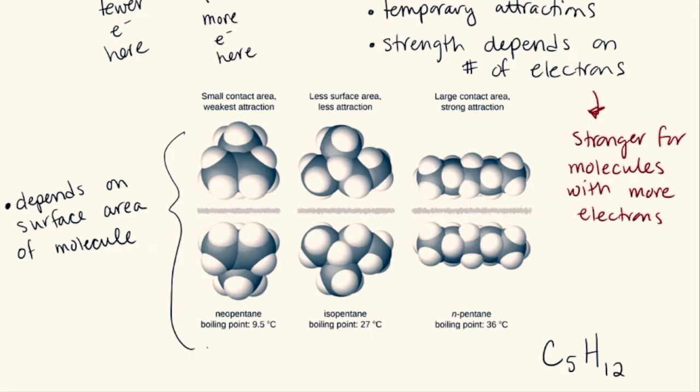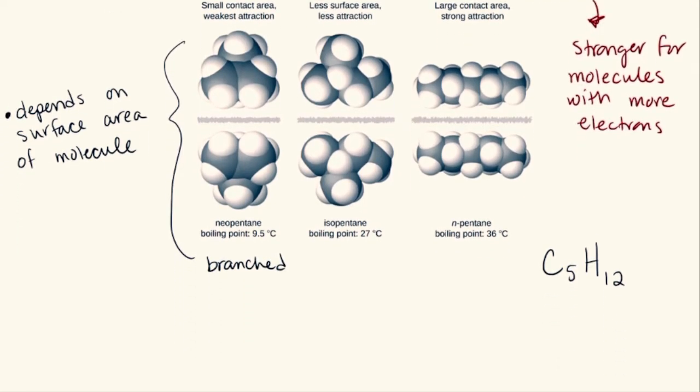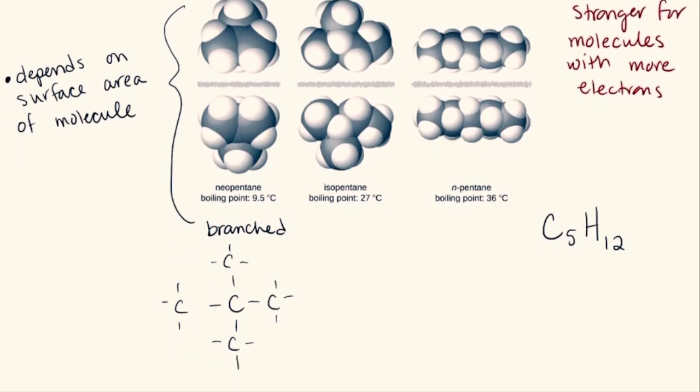Okay, this is something that looks kind of branched out, right? Where you might have a carbon bonded to 4 carbons, and they're all bonded to hydrogens. Okay. This one has maybe 4 carbons. This one's less branched, the isopentane.